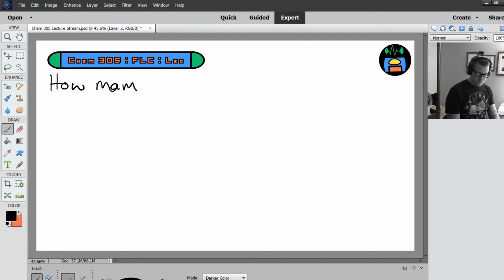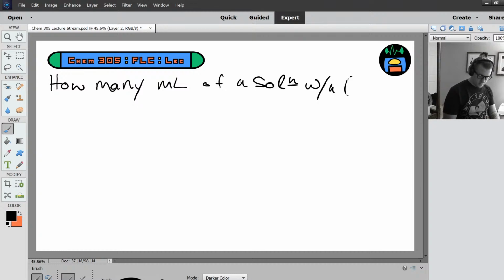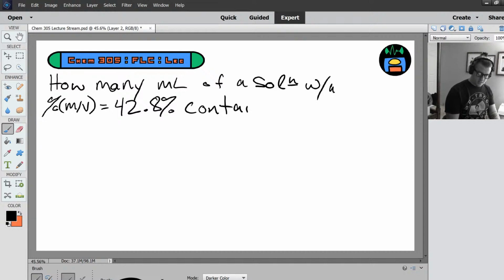How many milliliters of a solution with a percent mass to volume of 42.8%, how many milliliters contain 16.0 grams of solute.